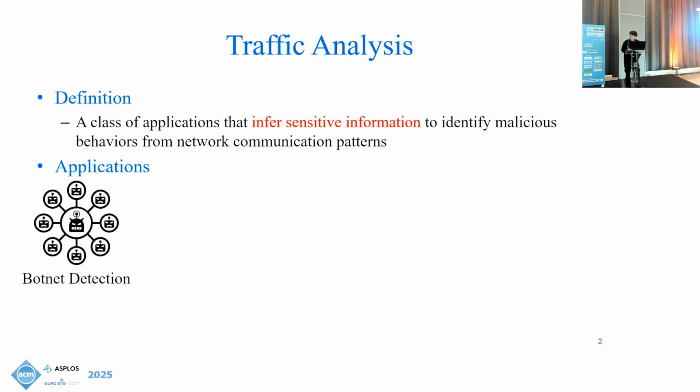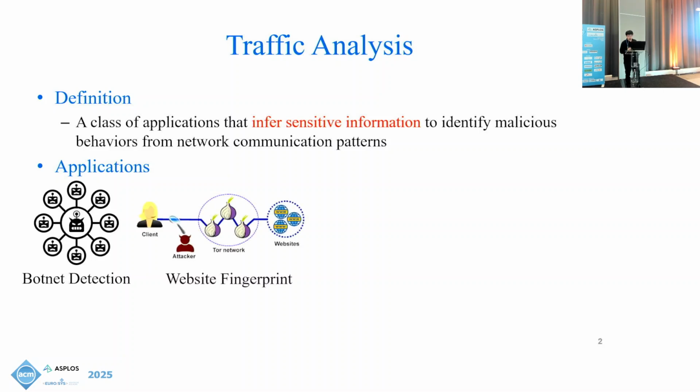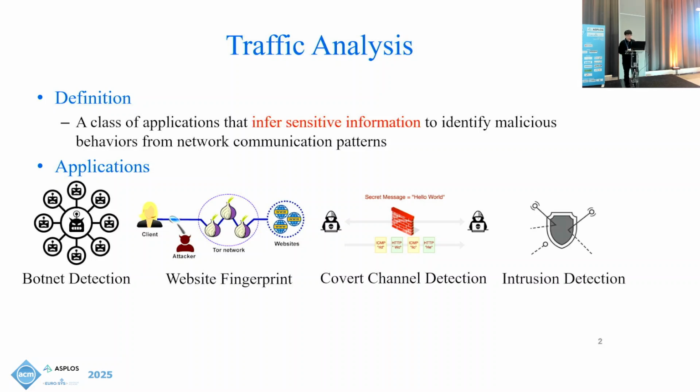By using traffic analysis applications, a network operator can identify the botnet compromised and controlled by attackers, pinpoint individuals engaged in illegal activities within privacy technologies such as Tor, detect covert channel attacks that exfiltrate confidential information from compromised machines, and prevent malicious activities that intrude the network.